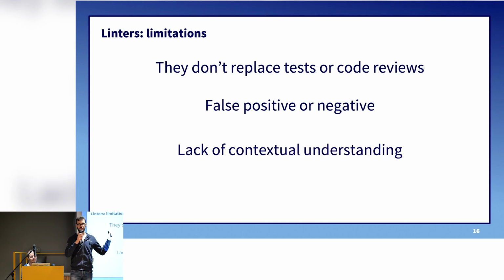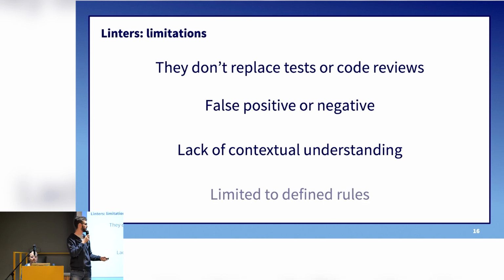Remember also that a linter is still a syntax validation of your code, so it acts in a syntactic way. It doesn't have a contextual understanding, and it's limited to the defined rules.